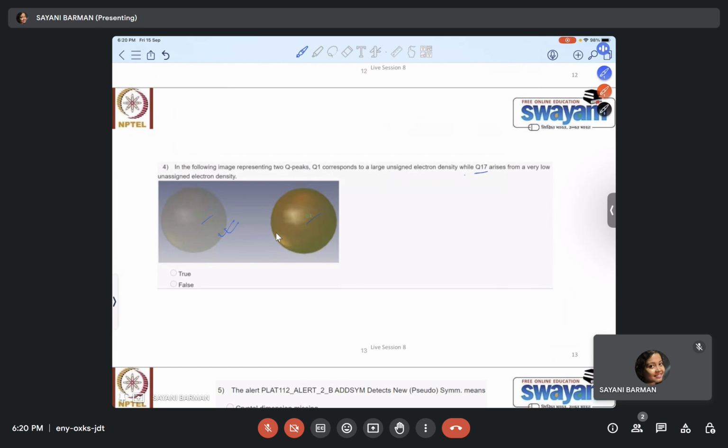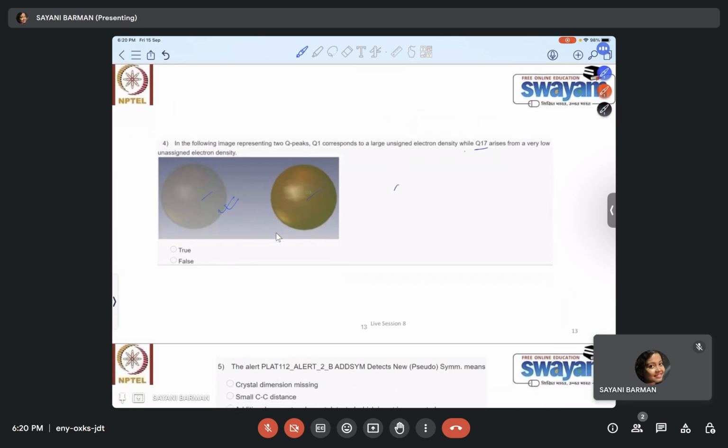And if you assign, let's say C, N, F, they will get colored accordingly, because these are much more electron dense. Okay, so yeah, the statement is true.